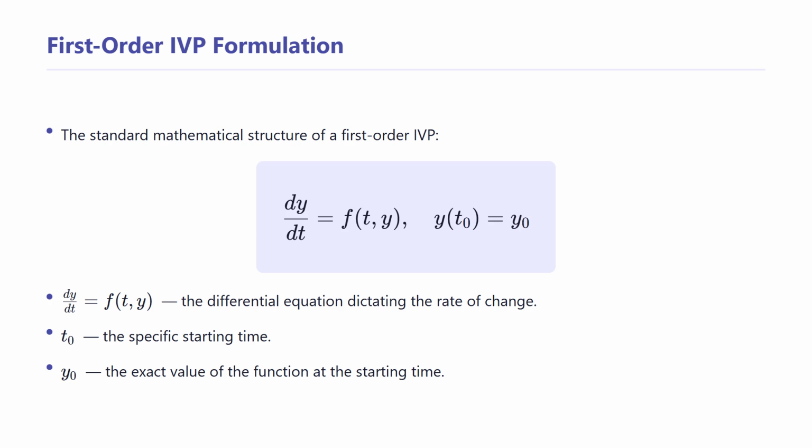If the rate of change increases, the curve gets steeper. The second part, separated by a comma, is the crucial initial condition. It explicitly states that at the specific starting time, t0, the value of our function y is exactly y0. If we change y0, we shift the entire physical trajectory to a new starting point.